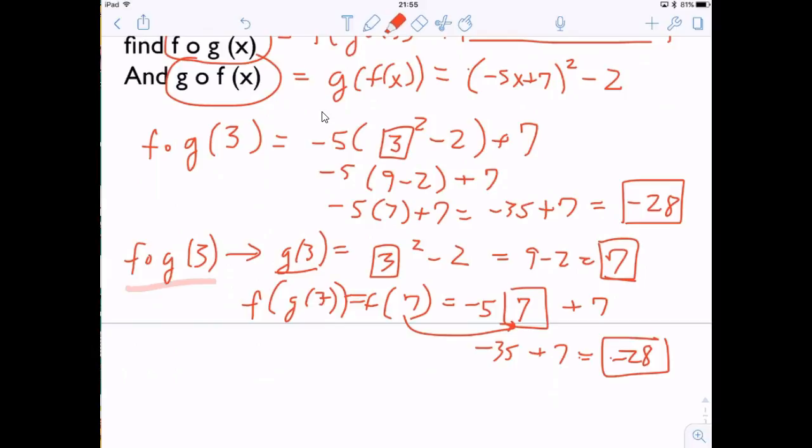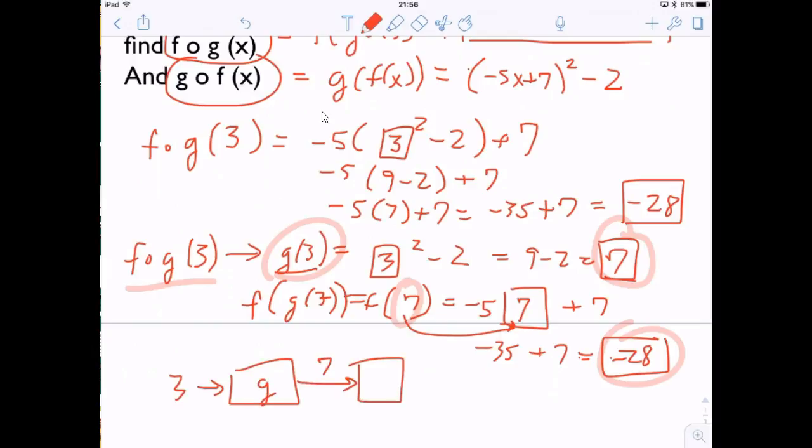You could do it breaking it into parts, first doing g of 3, finding the result, then you put the result inside of the f function, and then you find the next result. It's a two-stage process, right? You take your 3, you first put it into the g function, then out comes the 7, and then you put it in the f function, and out comes the negative 28, right?